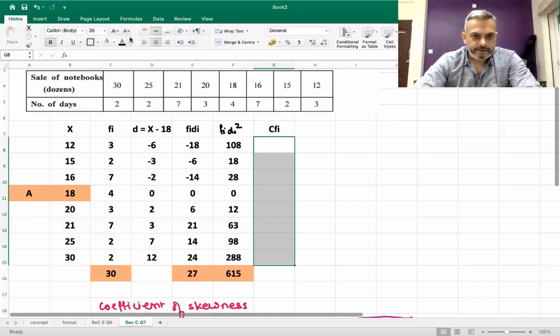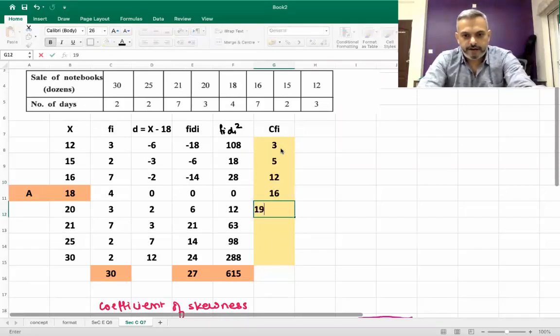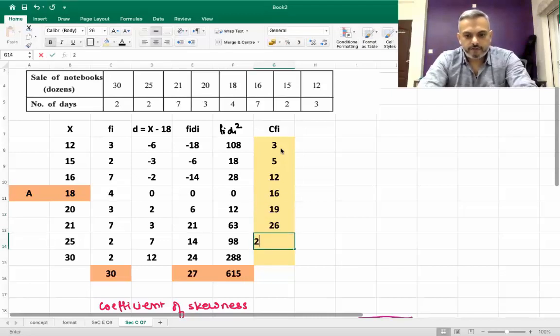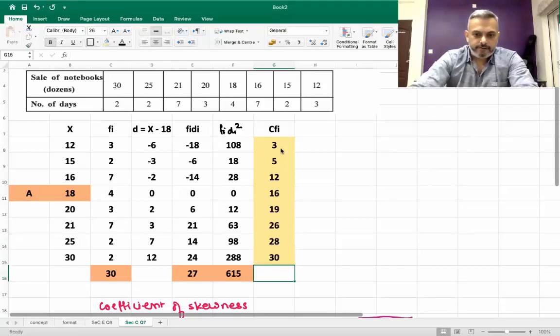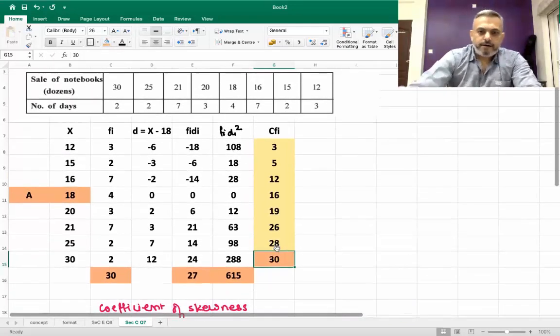So it is 3, 3 and 5, 5 and 7, 12, 12 and 4, 16, 16 and 3, 19, 19 and 7, 26, 26 and 2, 28 and 2, 30. So this 30 should match. Now let's find out the mean.